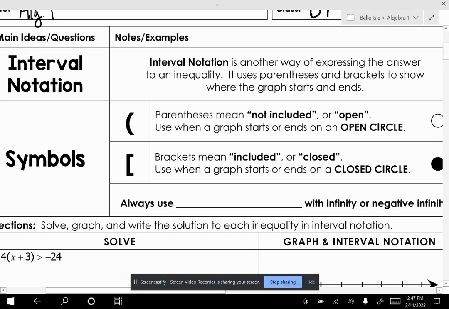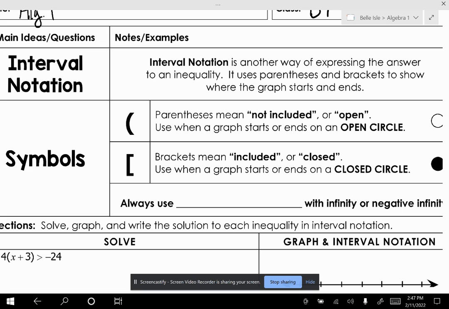So, again, interval notation is another way of expressing the answer to an inequality. It uses parentheses and brackets to show where the graph starts and ends. We are going to be doing 3 things today. You are solving inequalities. You are graphing the inequality on the line graph, and then you will be writing your answer in interval notation.